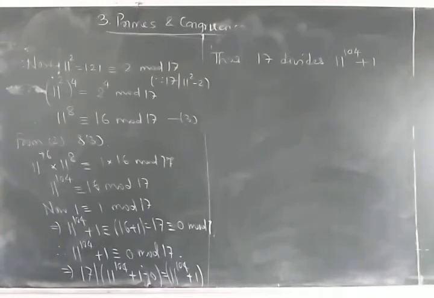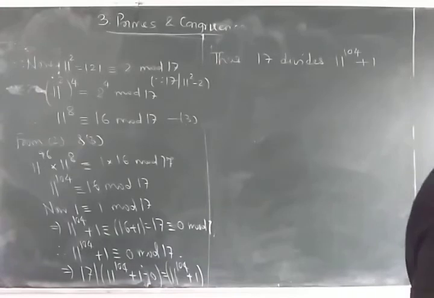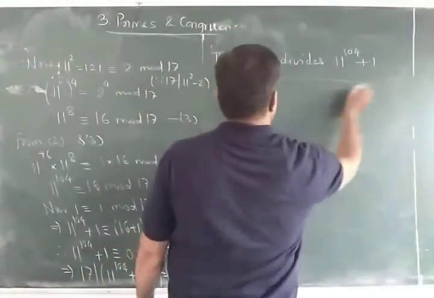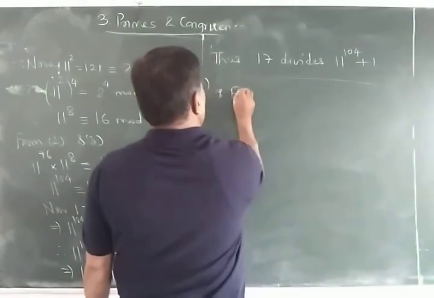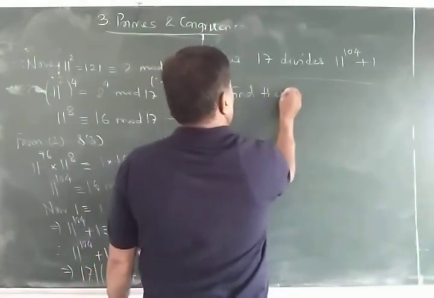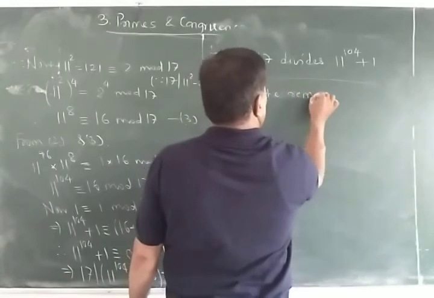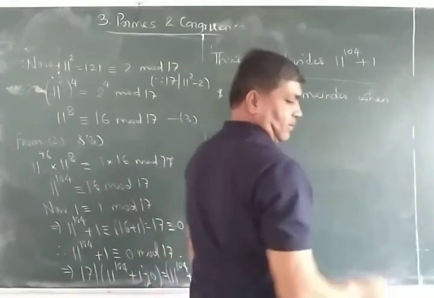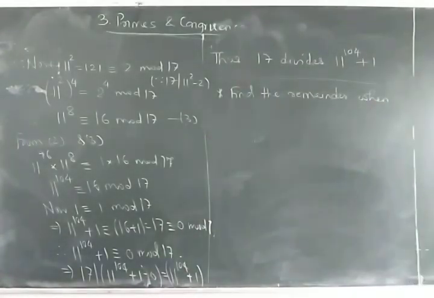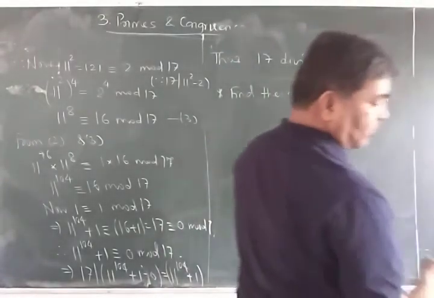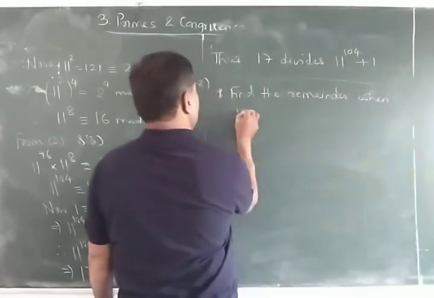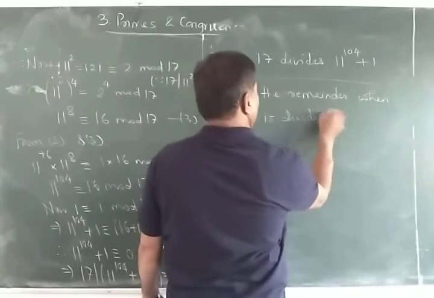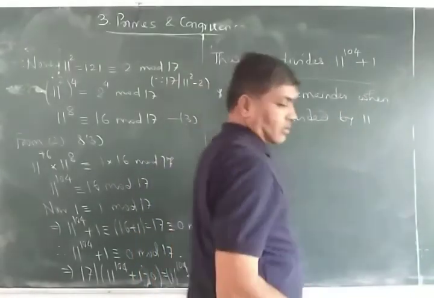Find the remainder when 2 raised to 105 is divided by 11.